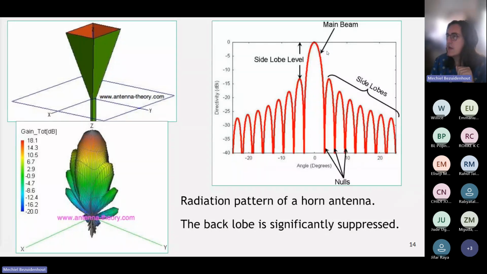And if you take a look at the two-dimensional version of that, it looks like a main beam and then these side lobes with decreasing amplitude going out.